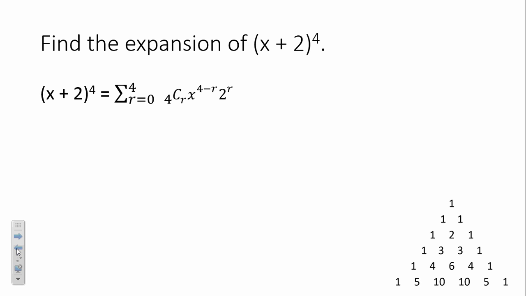So now we're going to use our summation. We start out with r equals 0, right? So this means that we're going to take 4C0 times x to the 4 minus 0 times 2 to the 0. That's our first term. Our second term, when r is 1, will be 4C1 x to the 4 minus 1, 2 to the 1.